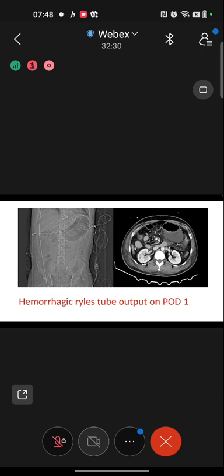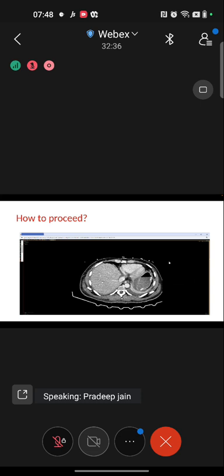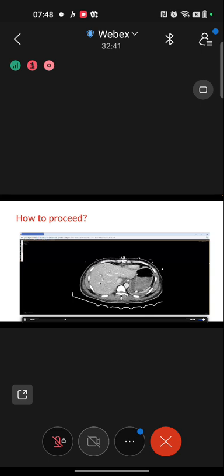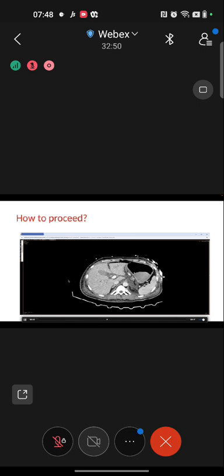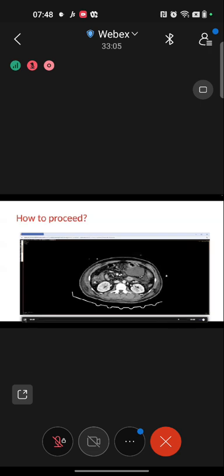So basically, in this patient we did not go for endoscopy, but we got the CT done. This is the CT report. These are the CT films. So what are the findings? You want me to run it again?